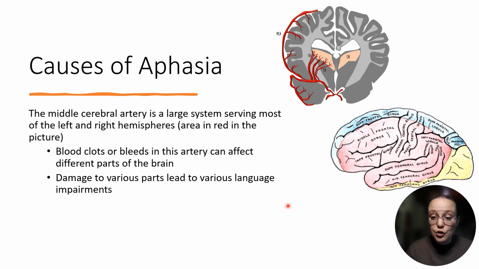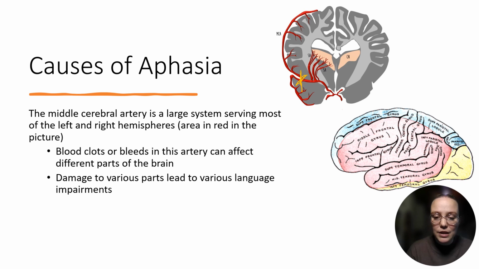When someone has a stroke, it is damage to not just a single area of the brain, but usually quite a few different areas, which I hope you can understand given this image of the artery system up here. Let's pretend just for one second that we have a clot, and I'm going to make the clot orange here. Let's pretend we have a clot that gets stuck right here.